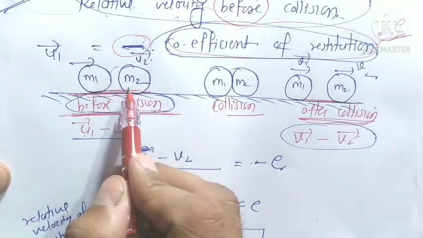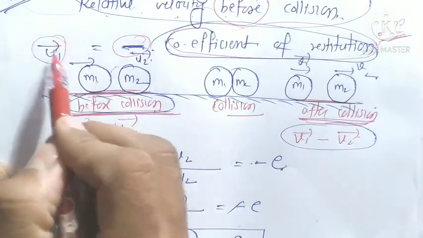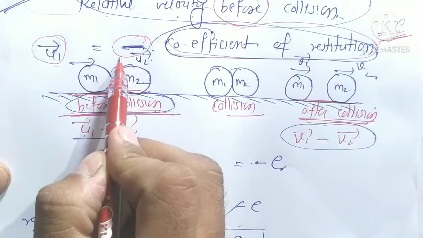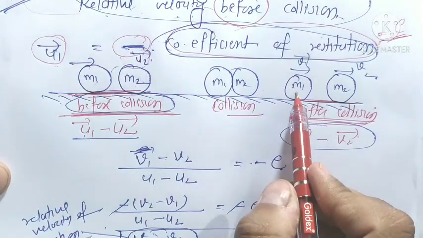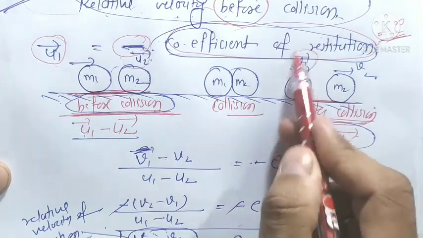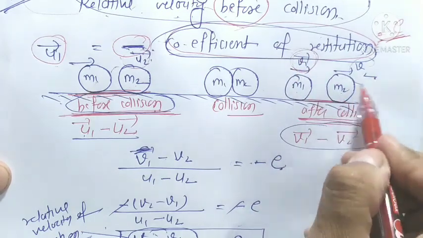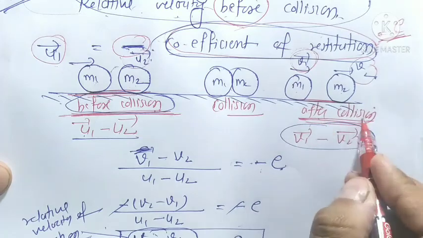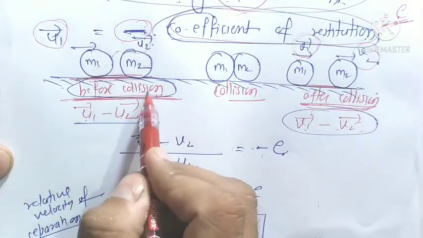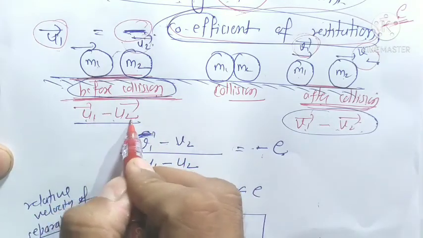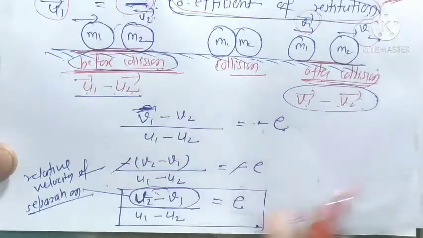We take two bodies having masses m1 and m2. The first body moves with velocity u1 and the second body moves with velocity u2. After collision their velocities change. The first body moves with velocity v1 and the second body moves with velocity v2. The relative velocity after collision is v1 minus v2, and before collision it is u1 minus u2. We take only the magnitude value.